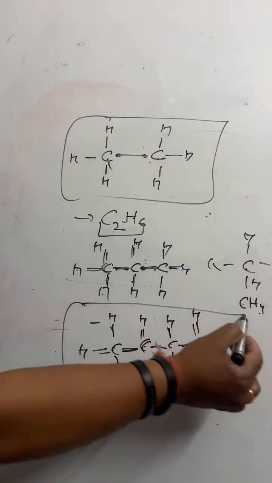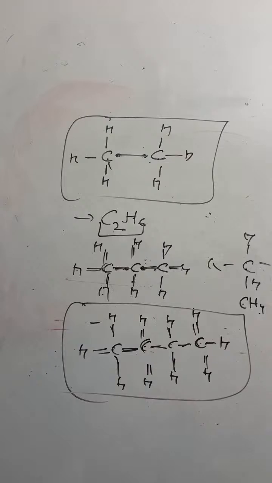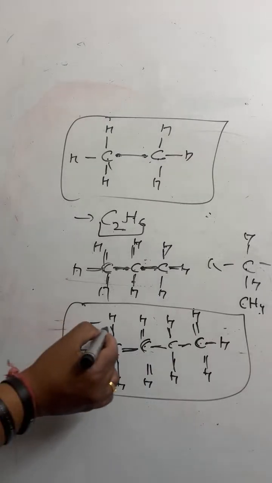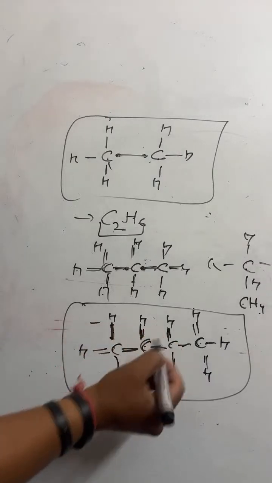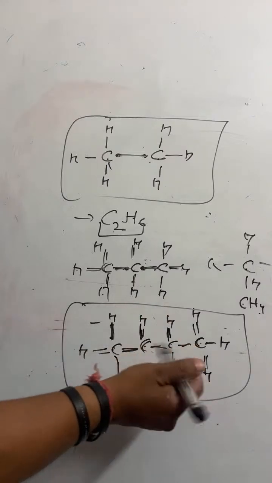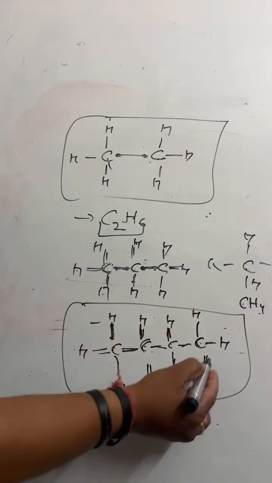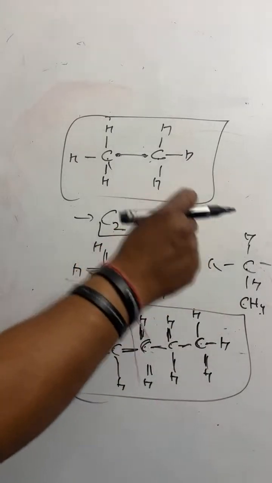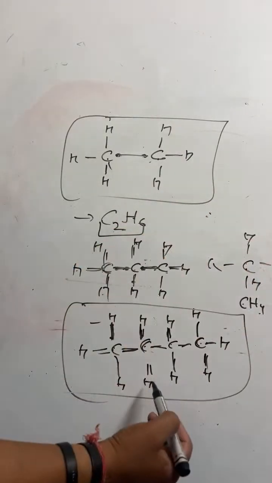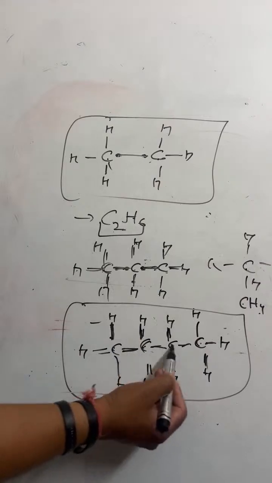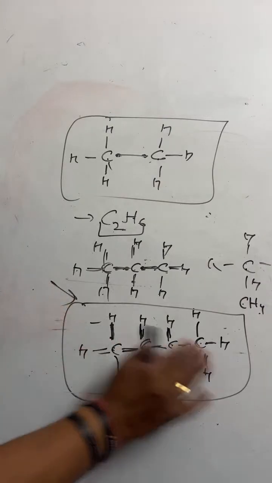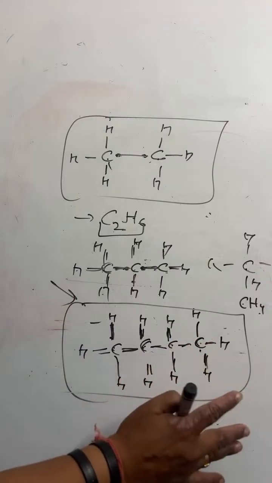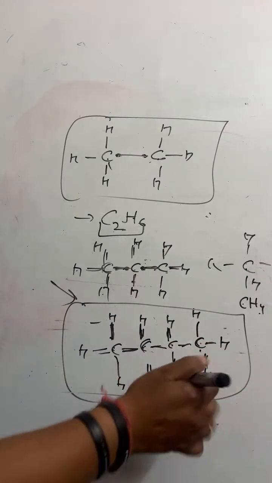So all carbons are happy and all hydrogens are also happy, because hydrogen needs only one bond, not more than this. Everywhere you have a single bond, so with 4 carbon, in chemistry it is called butane.